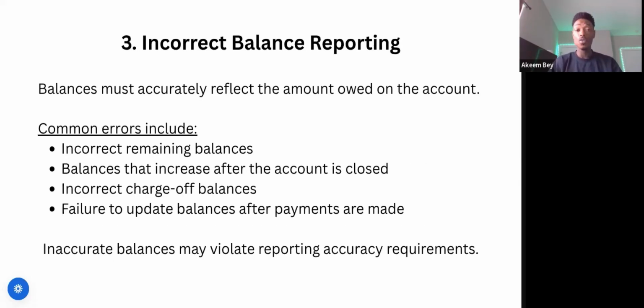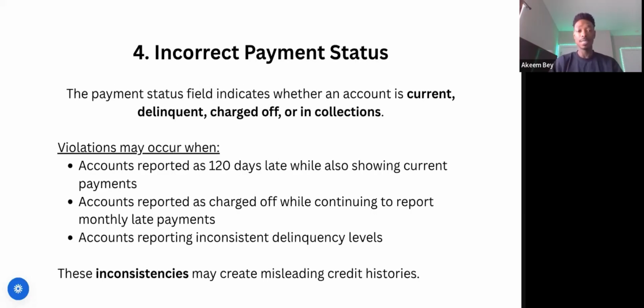The third one is incorrect balance reporting. So balances must accurately reflect the amount owed on the account. Some common errors include incorrect remaining balances, balances that increase after the account is closed, incorrect charge-off balances, and failures to update balances after payments have been made. The next one is incorrect payment status. So the payment status field is what indicates whether an account is either current, delinquent, charged off, or in collections.